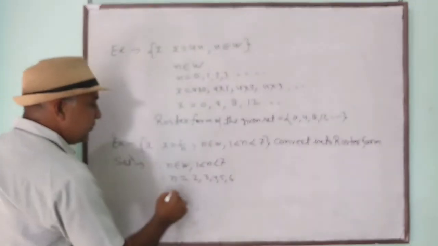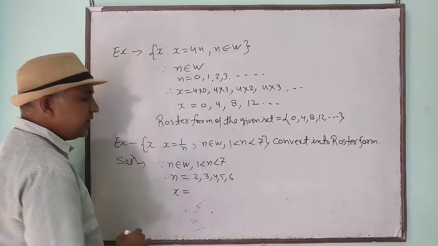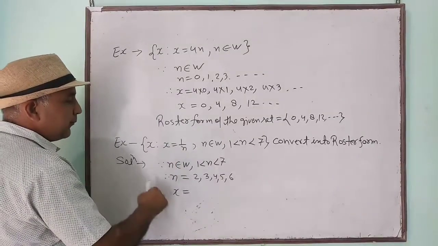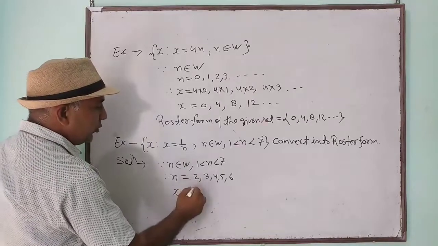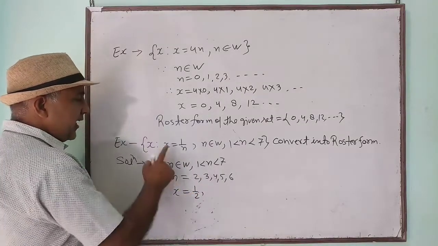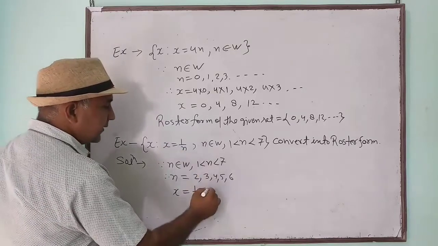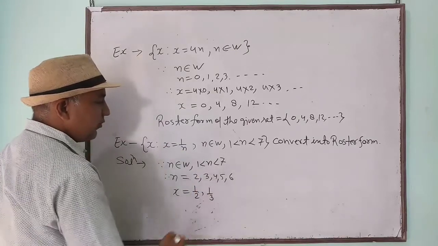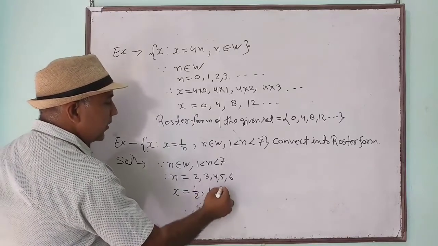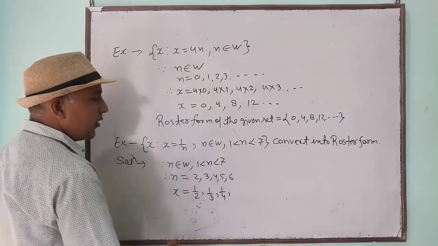If these are the values of n, then what will be the values of x? X is equal to 1 upon n. If n is 2, then value of x will be 1 upon 2. If n is 3, then value of x will be 1 upon 3. Understood? Similarly, if n is 4, value of x will be 1 upon 4.